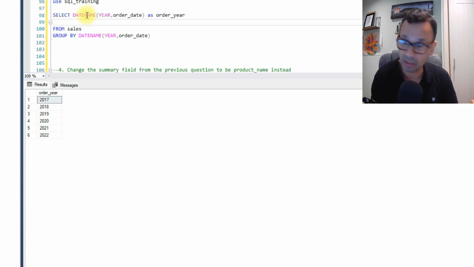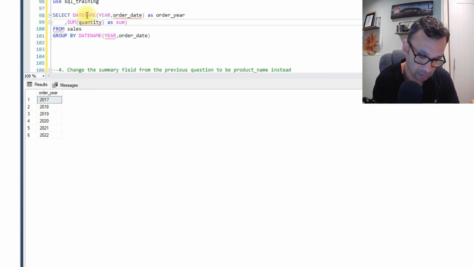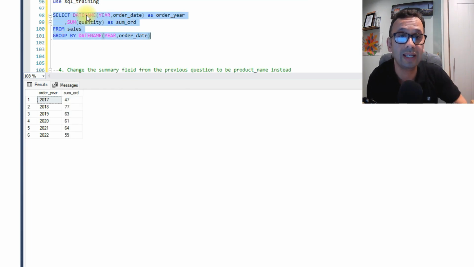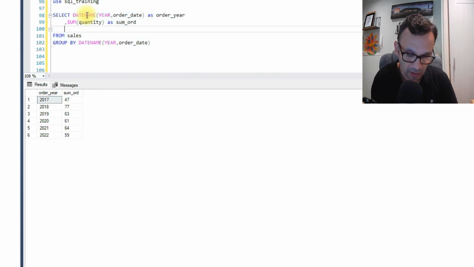So now we've done that, we need to say sum of quantity as odd. That gives you the total quantity sold in that year. And then we've got, what was it, min, max, average and count.